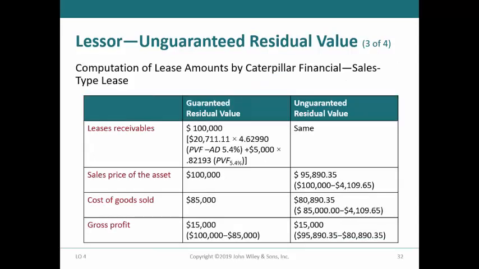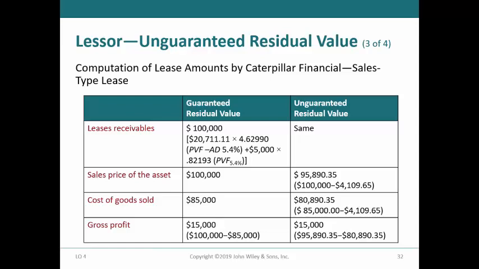This slide shows that with an unguaranteed residual value, the sales revenue reported would only be $95,890.35 and cost of goods sold would be $80,890.35.